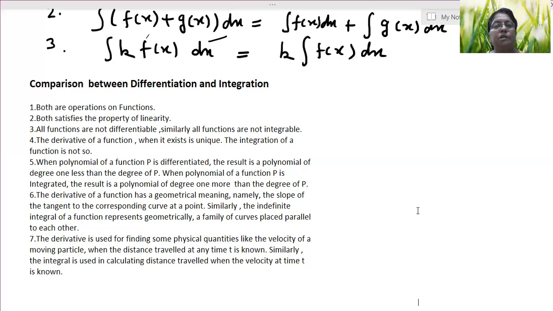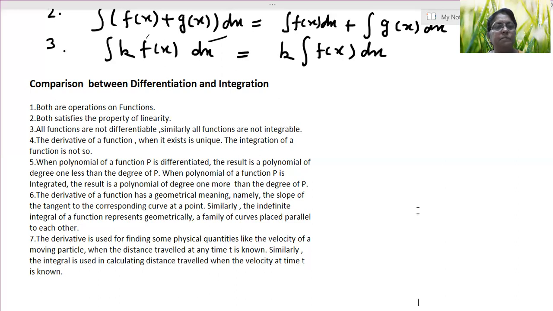Similarly, the indefinite integral of a function represents geometrically a family of curves placed parallel to each other. ये भी मैंने अभी आपको समझाया बच्चों.